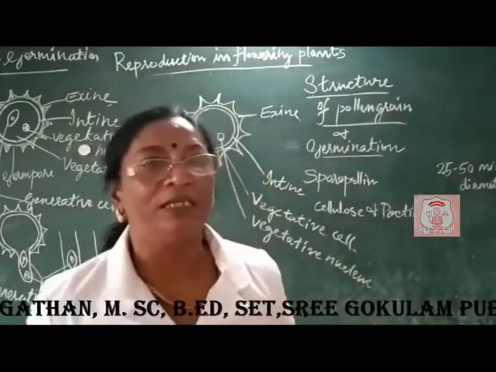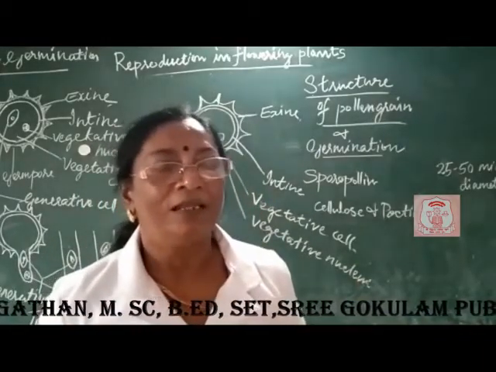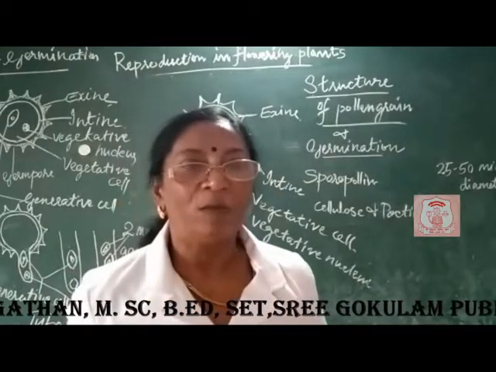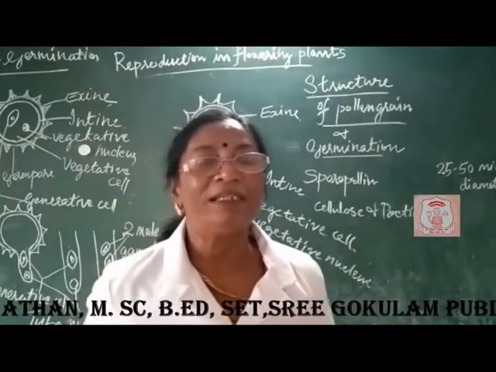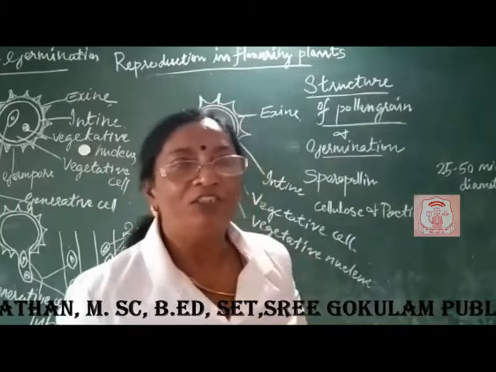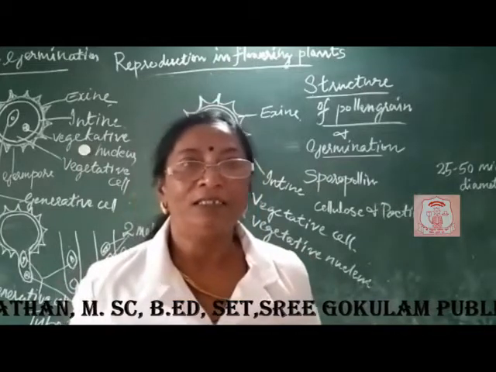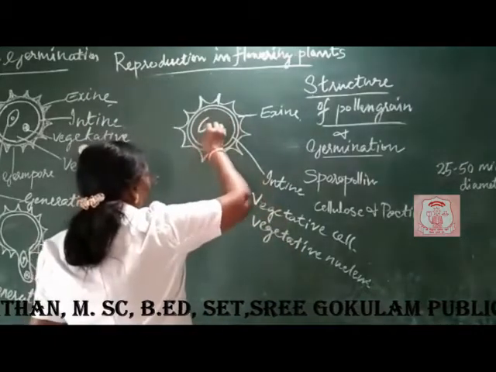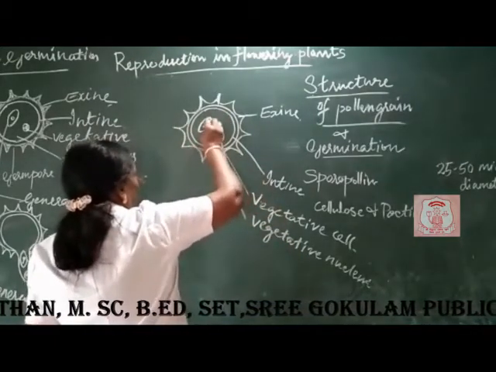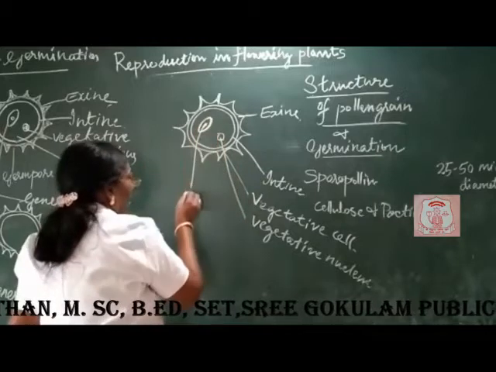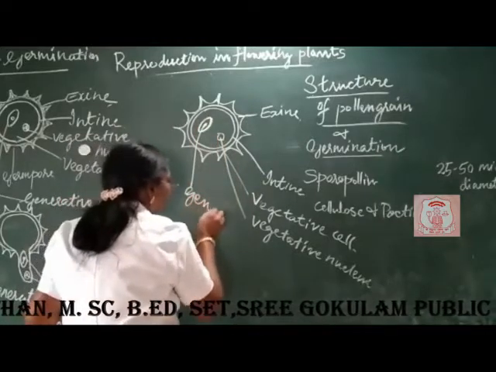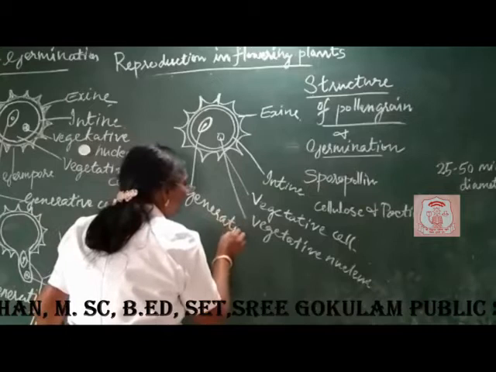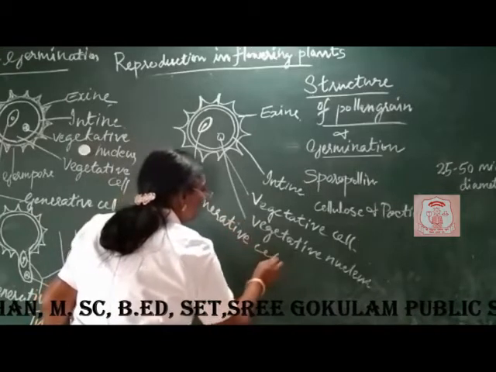The next cell is the generative cell, which is a small cell suspended in the cytoplasm of the vegetative cell, and it is spindle shaped also, and this cell is the generative cell.